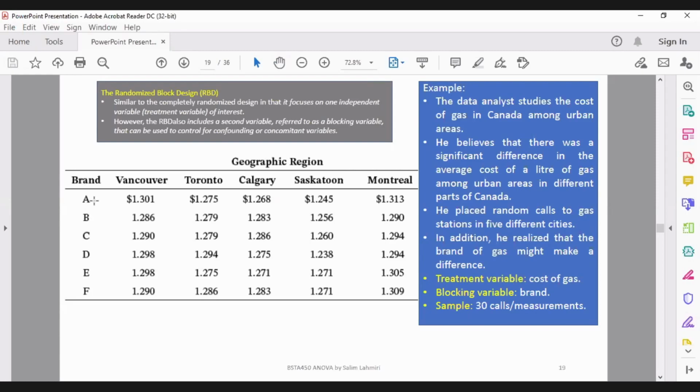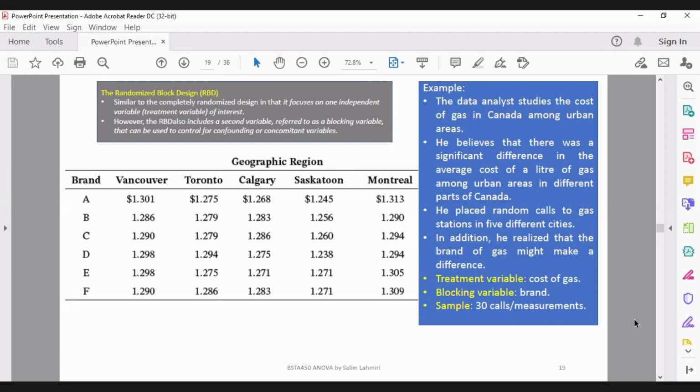So we got brand A, brand B, brand C, brand D, brand E, and brand F. And we got 5 regions: Vancouver, Toronto, Calgary, Saskatoon, and Montreal. So for each brand, we got sales occurred in each single geographic region.